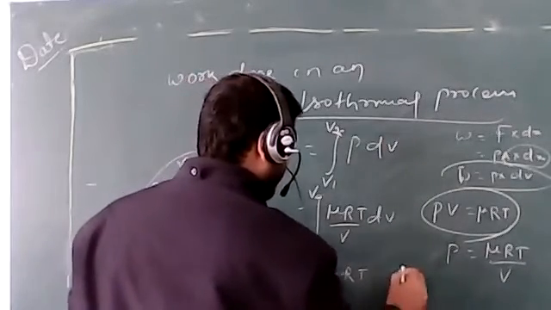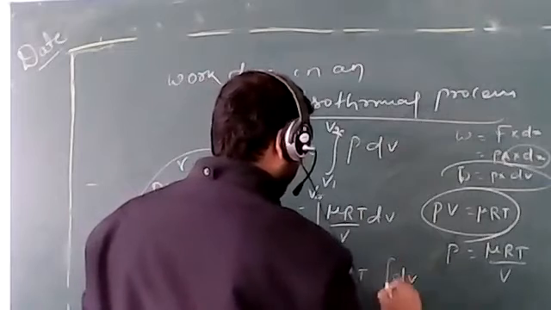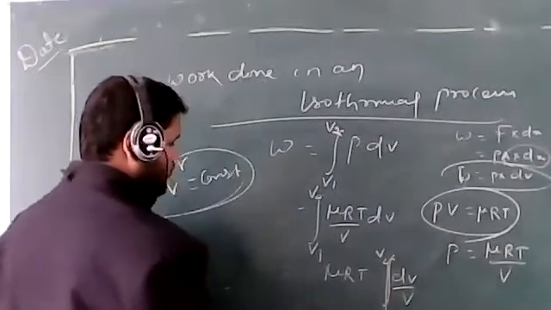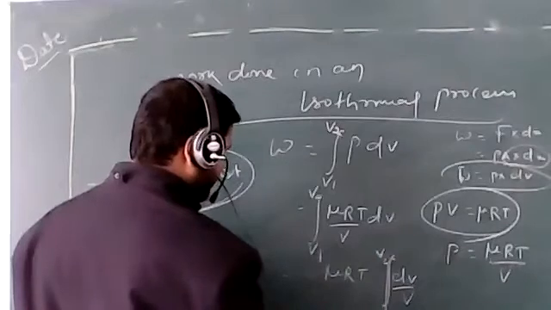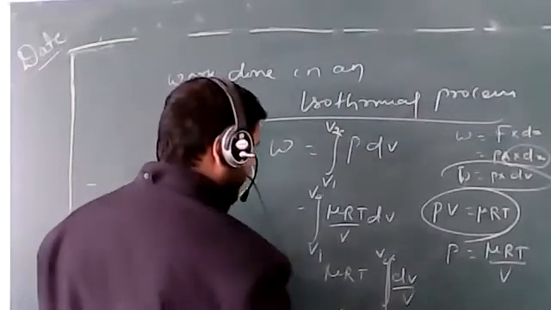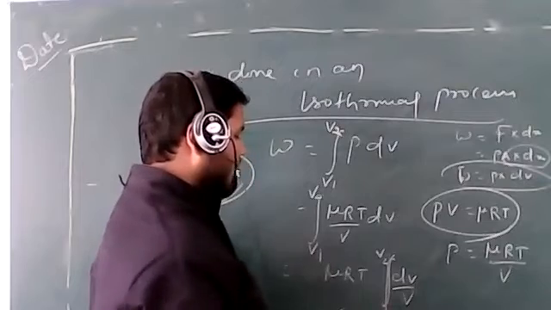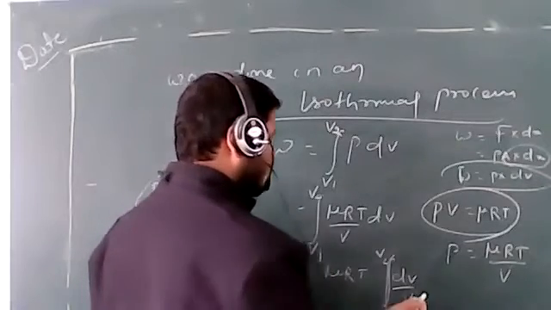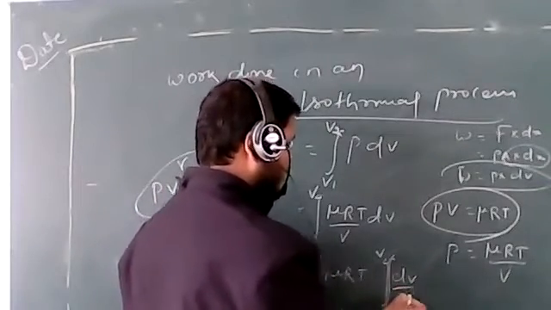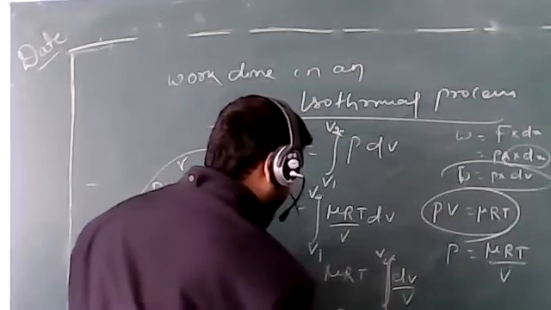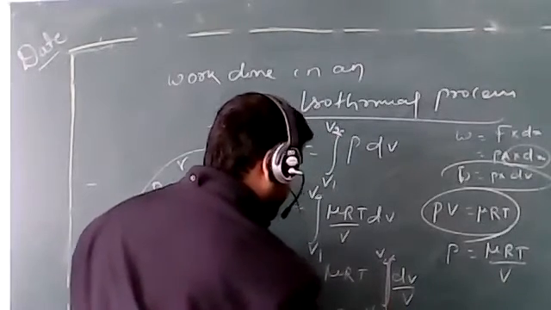What will be the remaining part? Integral of dV upon V from V1 to V2. The integration of dV upon V is ln V. So it will be mu RT times ln V from V1 to V2.